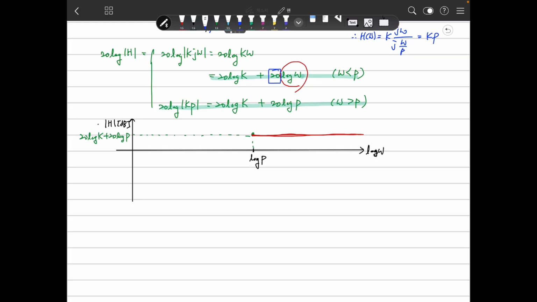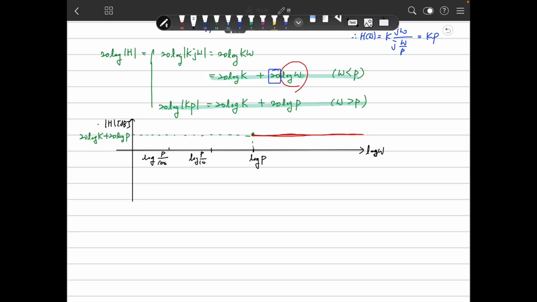This inclined line is 20. What's the meaning of that? Because this is a log scale, we can draw some lines. This is log p, this is log of 1 decade of p, and this is log of 2 decades of p.